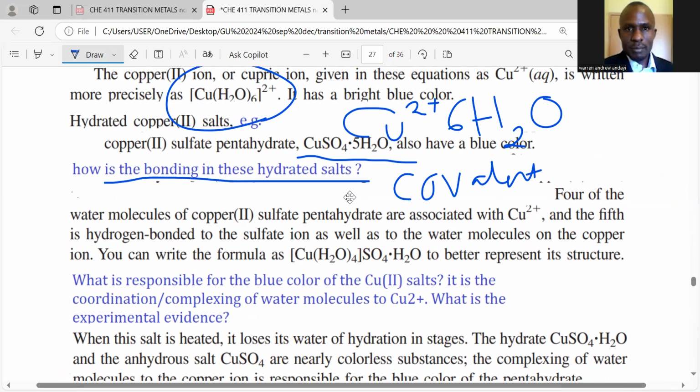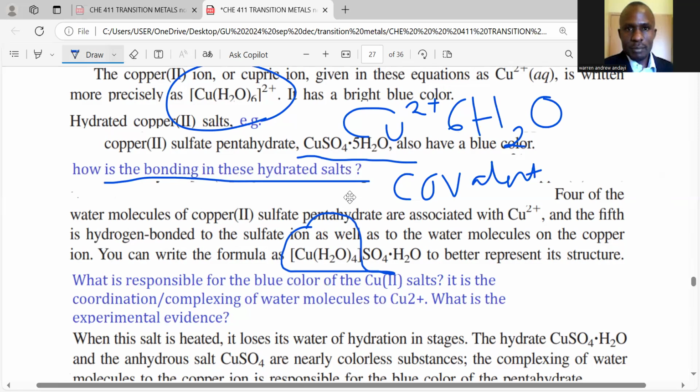So this is how the representation is shown first, like that, bonded to the copper. Then the 5th one is hydrogen bonded to both the sulfate and the copper.